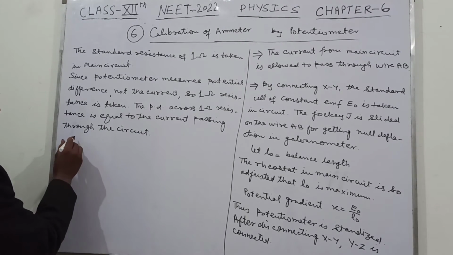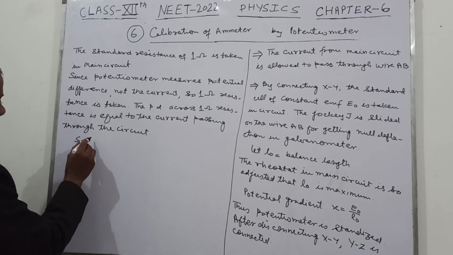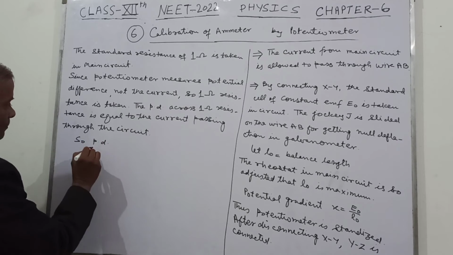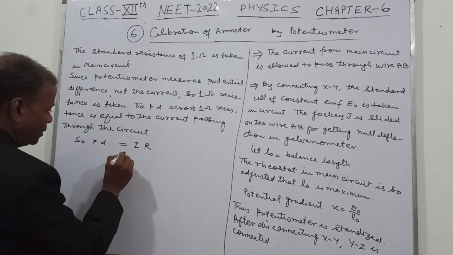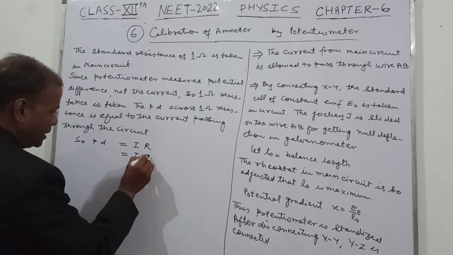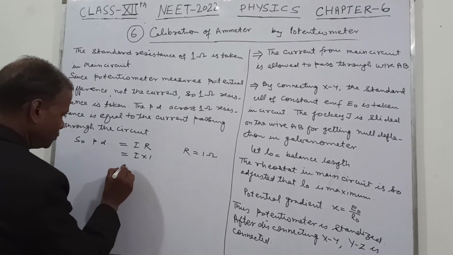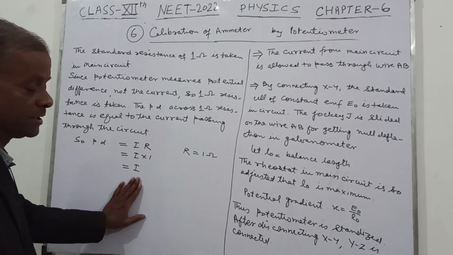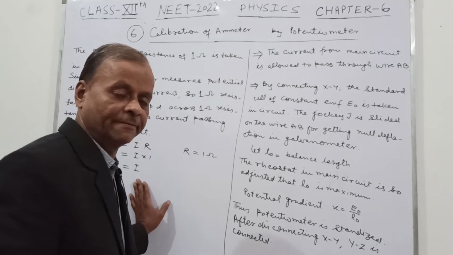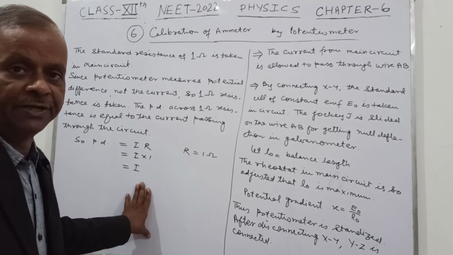So potential difference is equal to I into R. Now R is equal to 1 ohm, so this is equal to I. So whatever potential difference we measure across the 1 ohm resistance, that will be equal to the current measured by the potentiometer.